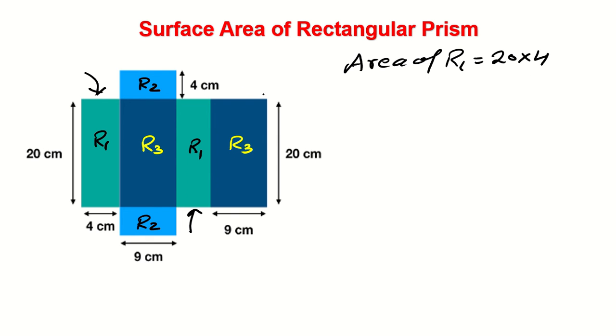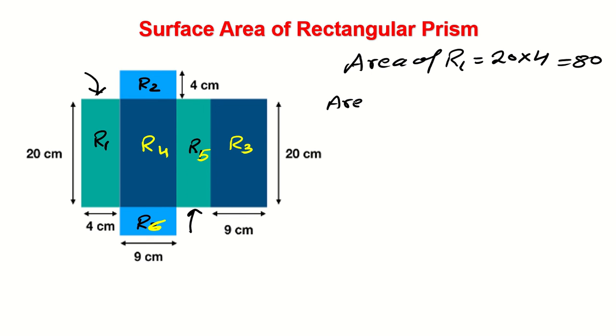You just write different numbers for all the areas, like R1, R2, R3, R4, R5, and another will be R6. Now 6 surfaces are there. So find the area of all the surfaces and after that you add them. So this is equal to 80.